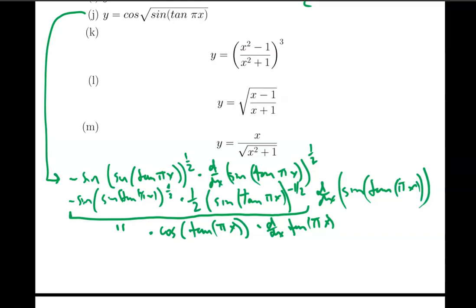Okay. So now I have this whole thing still, that's underlined, times a cosine tan pi x times the derivative of tangent pi x, and the derivative of the tangent of something is the secant squared something times the derivative of the something.